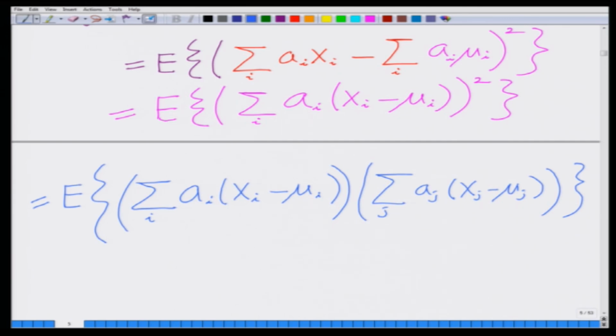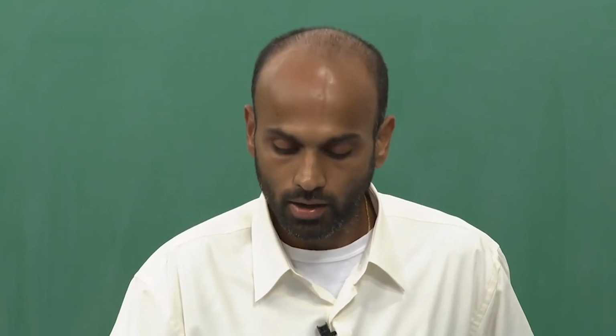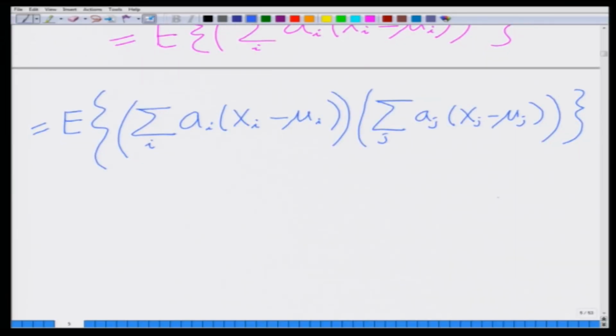I am just rewriting this quantity again by changing the index from i to j, so that basically I can take the product and compute the expectation of the product. And now what we have is something very interesting.